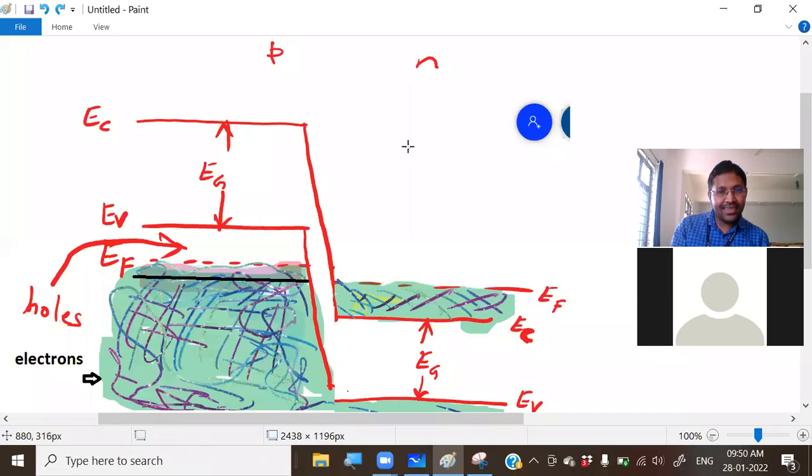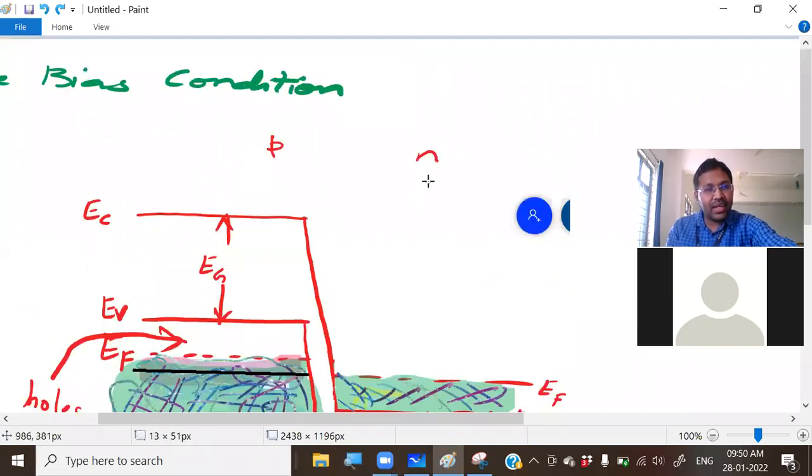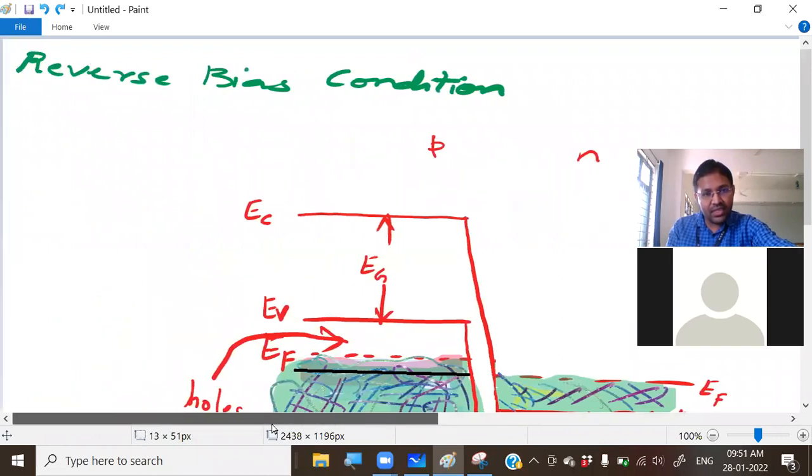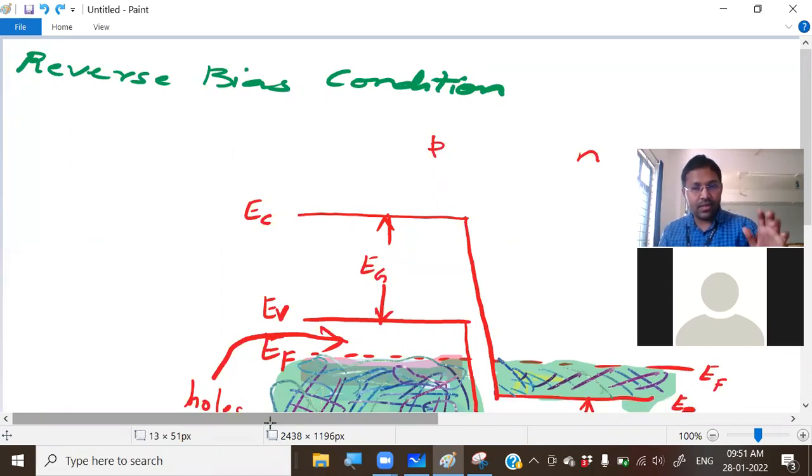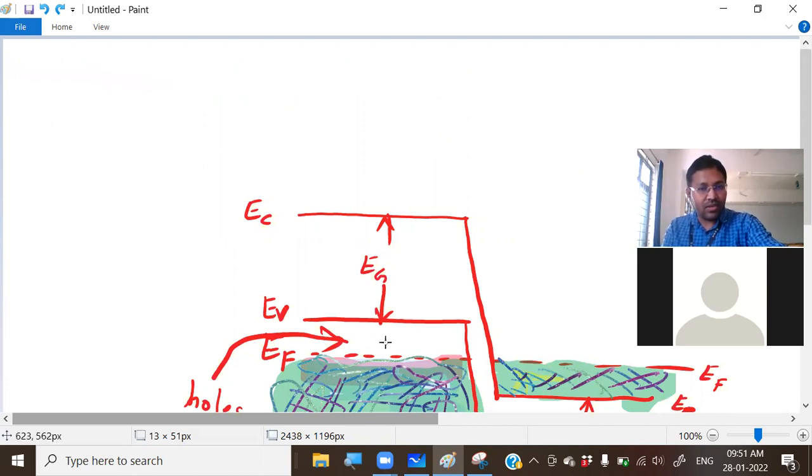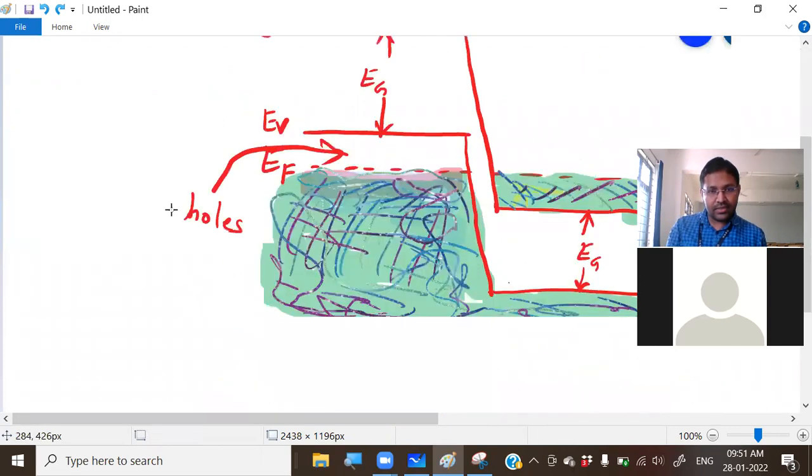Next, we are going back from reverse bias condition to no bias condition, meaning the Fermi level is constant. So I am doing Control Z, going back to no bias condition.